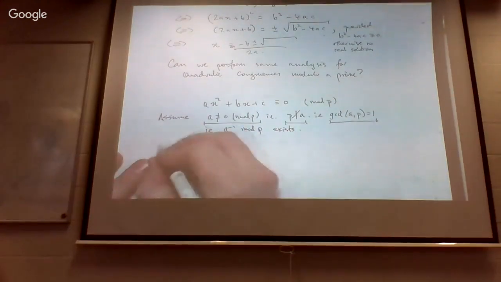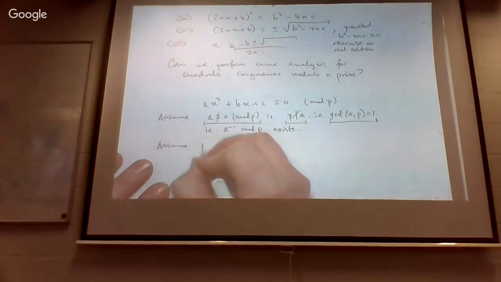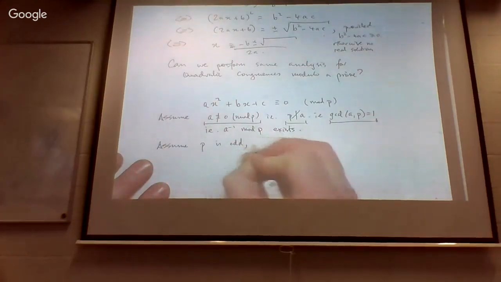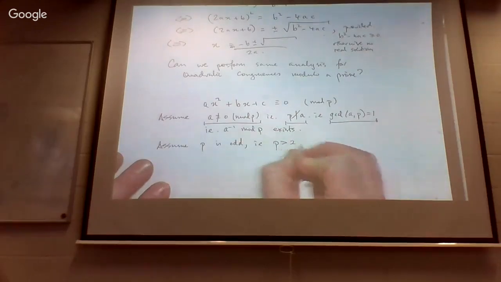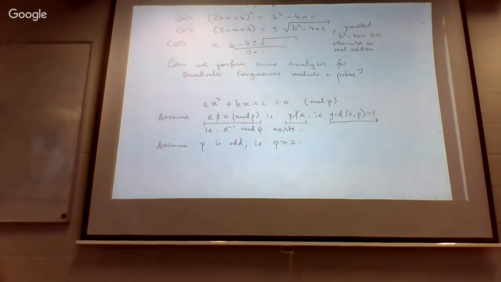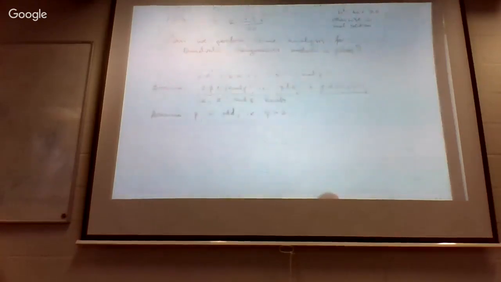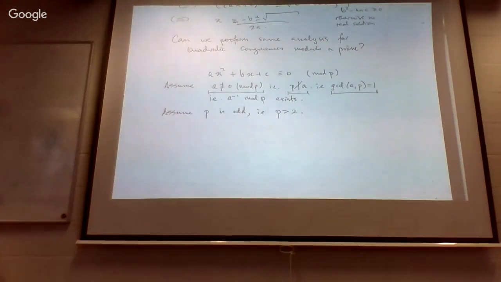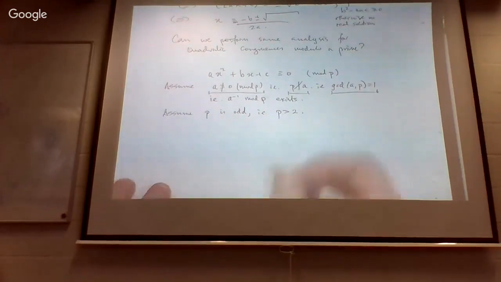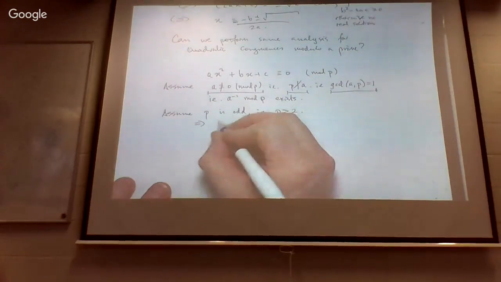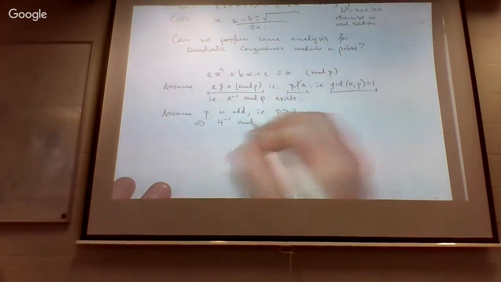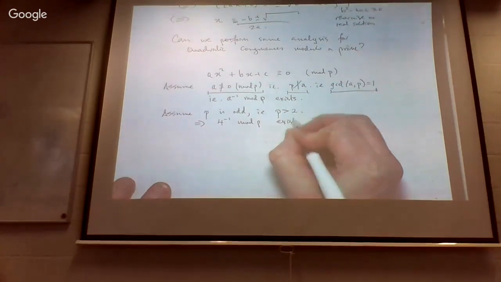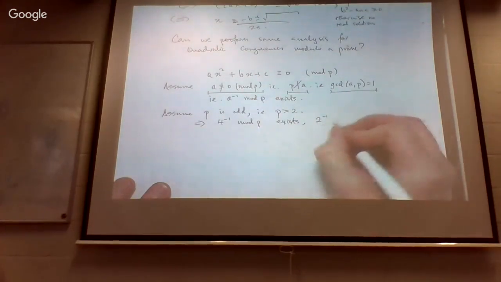I'll assume further that we're dealing with an odd prime. So p is a prime strictly bigger than 2. And that's good because that's going to guarantee that 4 is invertible as well, and 2 inverse mod p.